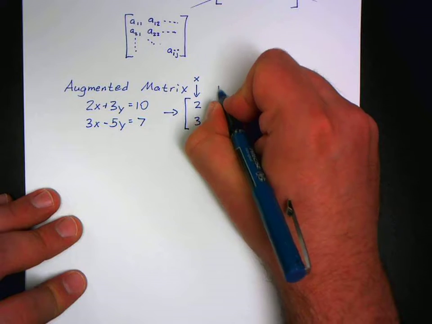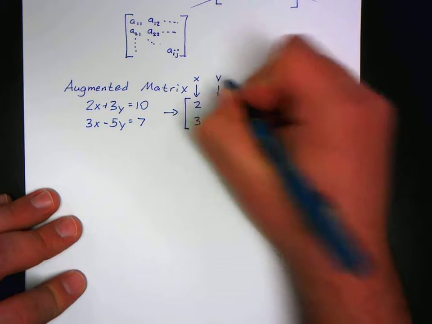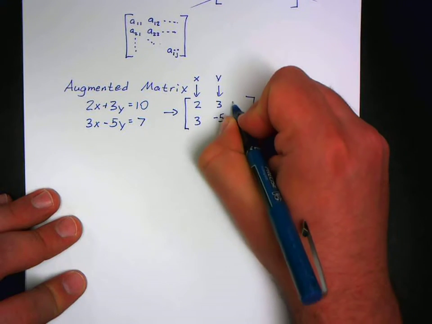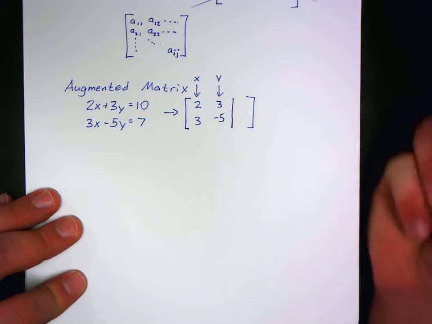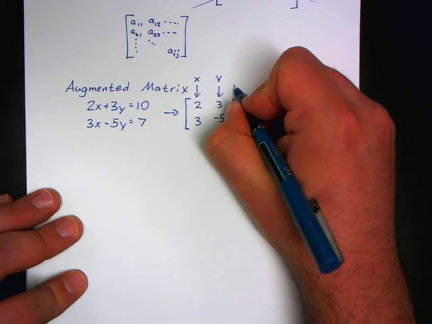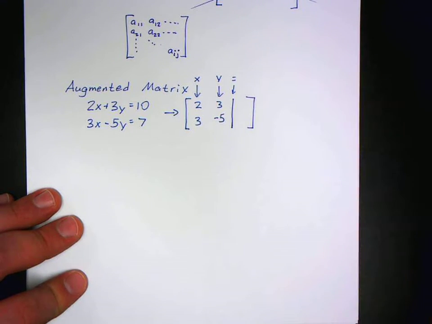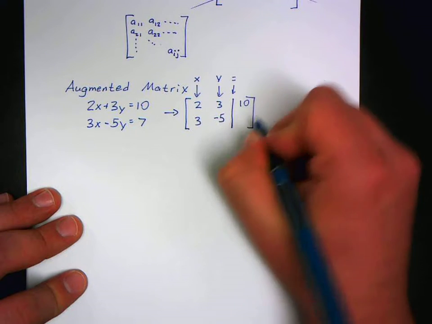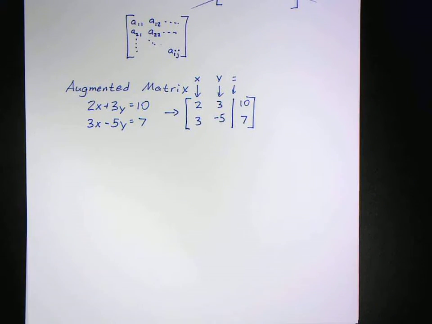We have one column that represents the y coefficients. Then we put a line in, and on the other side, so this line represents the equal sign. And then on the other side of the line, we put the values on the other side of the equal sign. That's an augmented matrix.